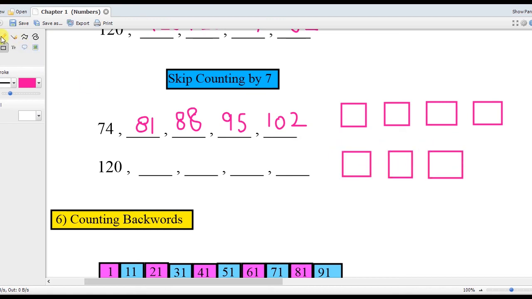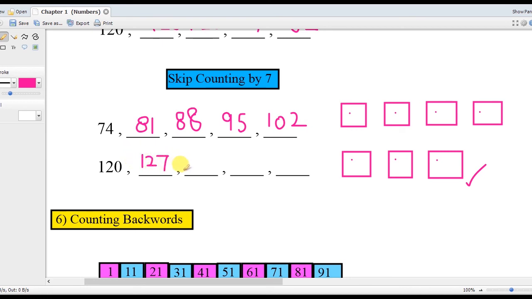So now see, after 74, 75, 76, 77, 78, 79, 80, 81. So this is the box. The number that is landing in this box, we have to write it in the blank, right? 81, and so on. 120, we have to skip it by 7. So the next number is 127.